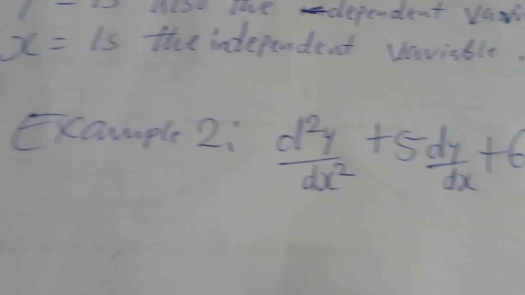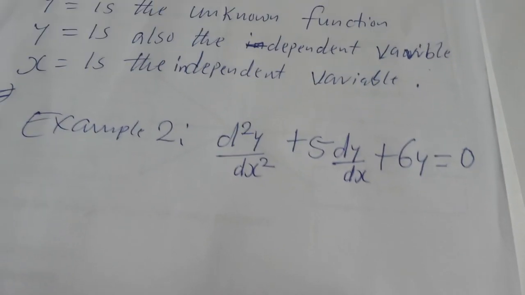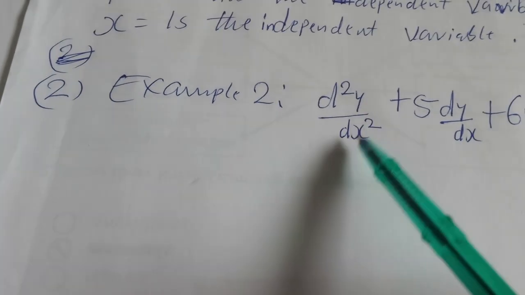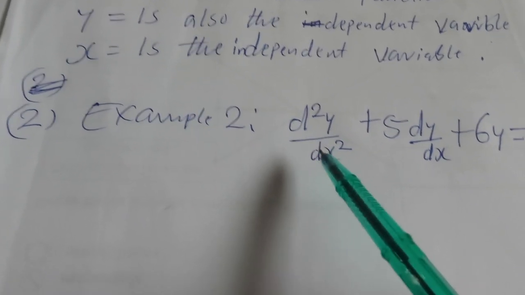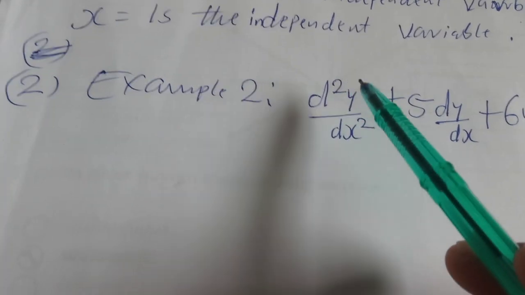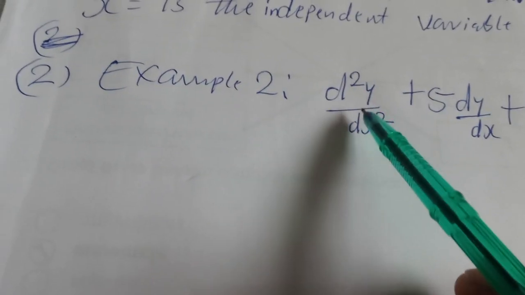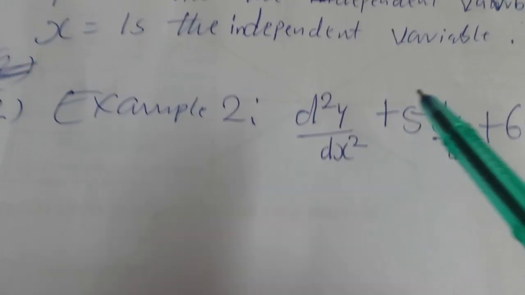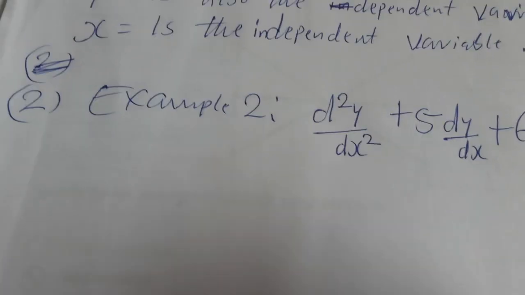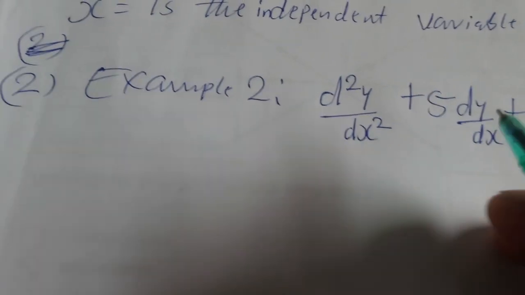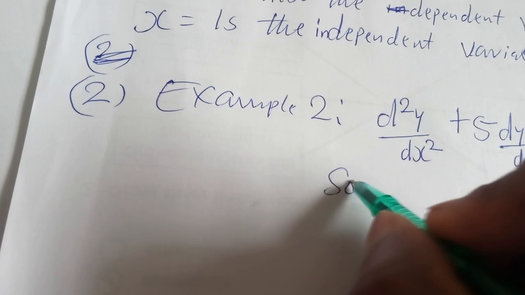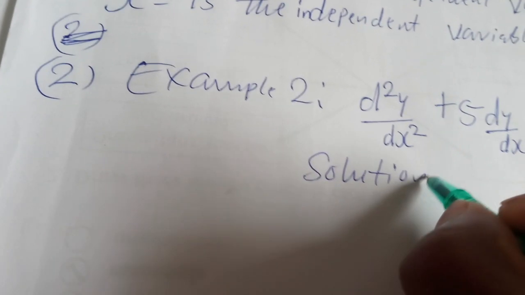Why is this a differential equation? Because a differential equation is an equation that has a derivative, and the derivative can be a first derivative or a second derivative. We have a derivative here, and we also have an unknown function, which is y.